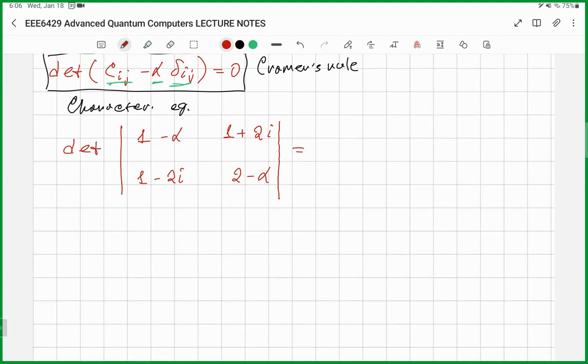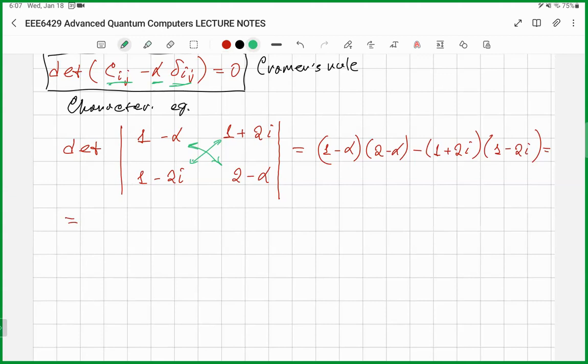So I have to find this determinant. Fortunately, this is a 2 by 2 matrix, and it's very easy to find. What I do, I take the product of the diagonal elements minus the product of the off-diagonal elements. What I get is 1 minus alpha times 2 minus alpha minus 1 plus 2i and 1 minus 2i, equals 0.